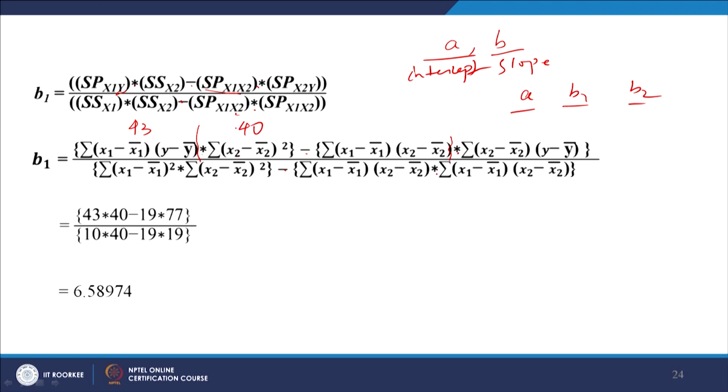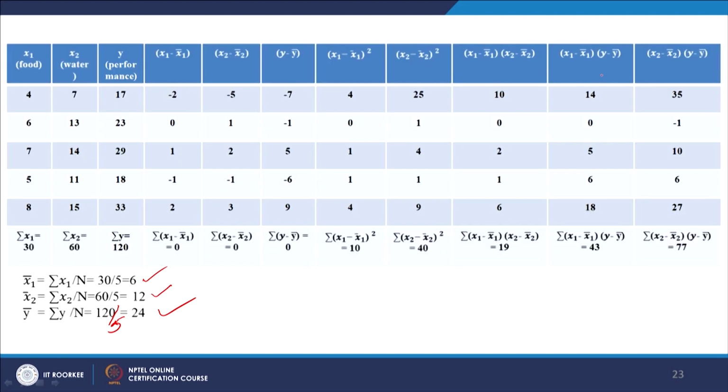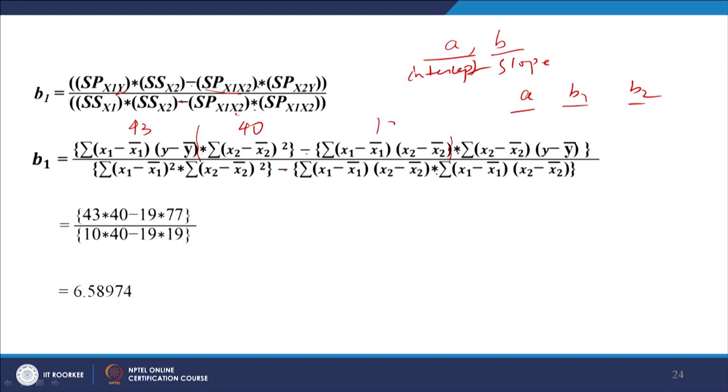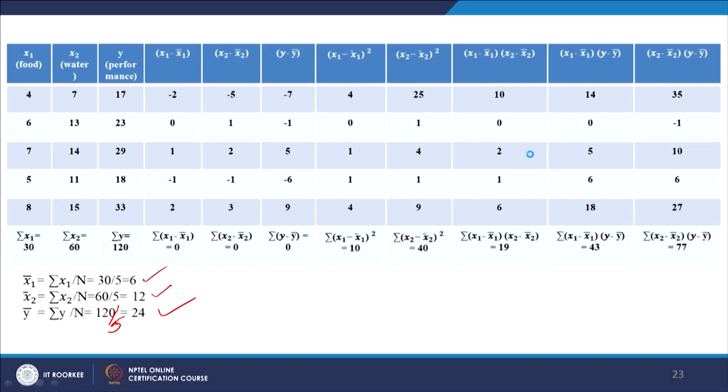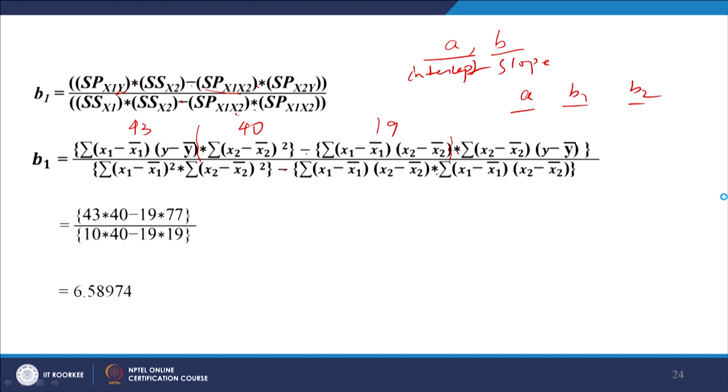Then x1 minus x1 bar into x2 minus x2 bar, this one, is 19. And x2 minus x2 bar into y minus y bar, this one, is 77.